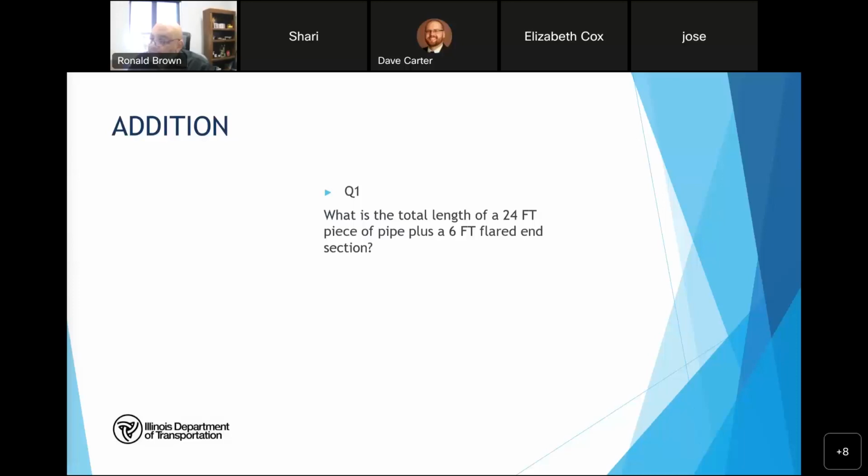If you're excavating a trench to install a pipe culvert with a flared in section, and the total length of the pipe is 24 feet, and your flared in section is 6 feet, you'll need to excavate the trench for the full length of that pipe and flared in section for installation. So you would add those two together to come up with a 30-foot trench for that installation.